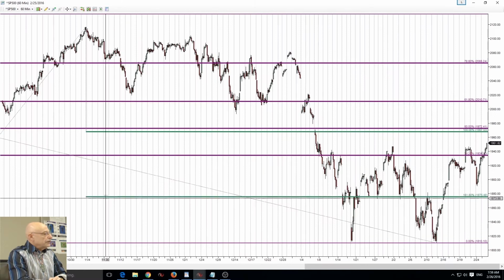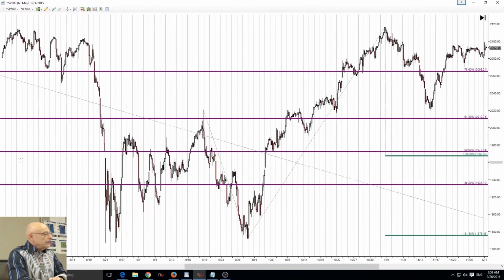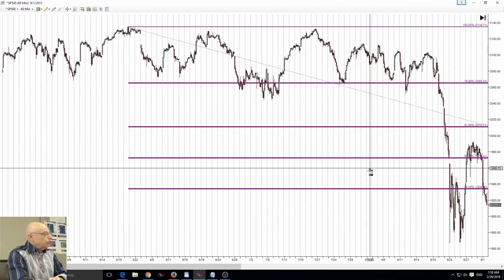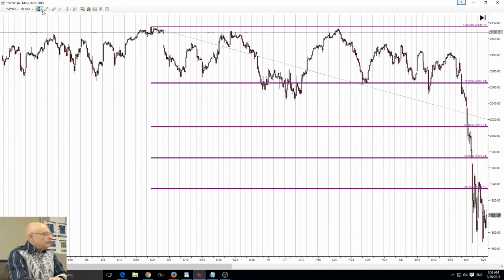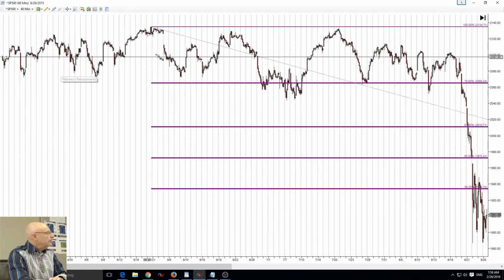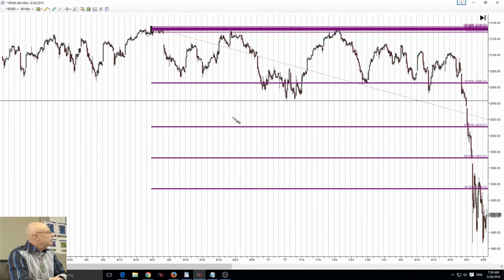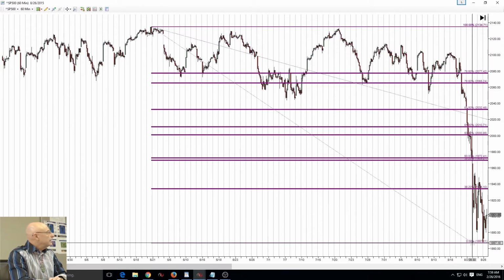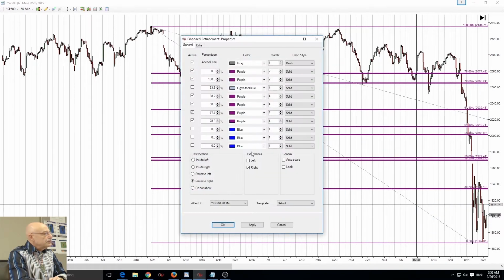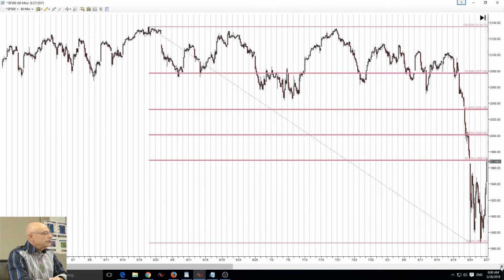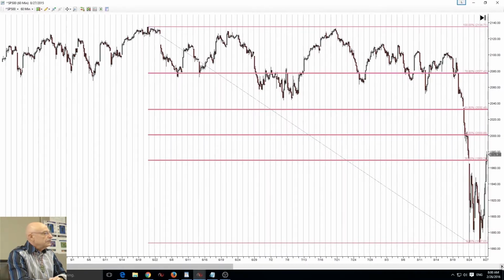Let's again make a 60 minute, and let's move to 8/24. So before we made a low, let's make changing color, and right here, and broke.